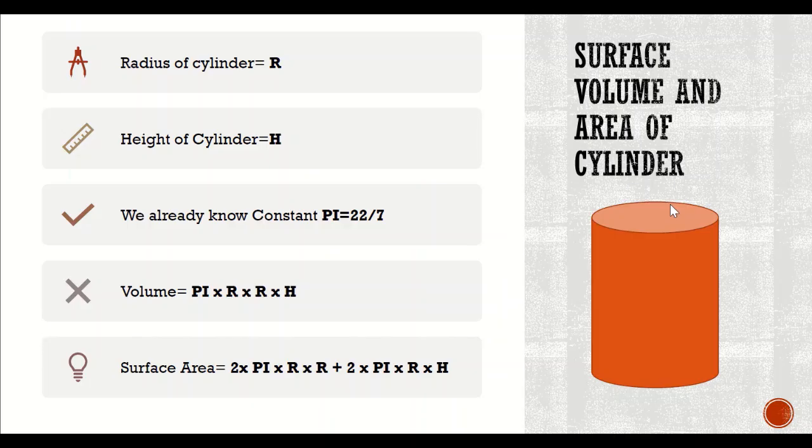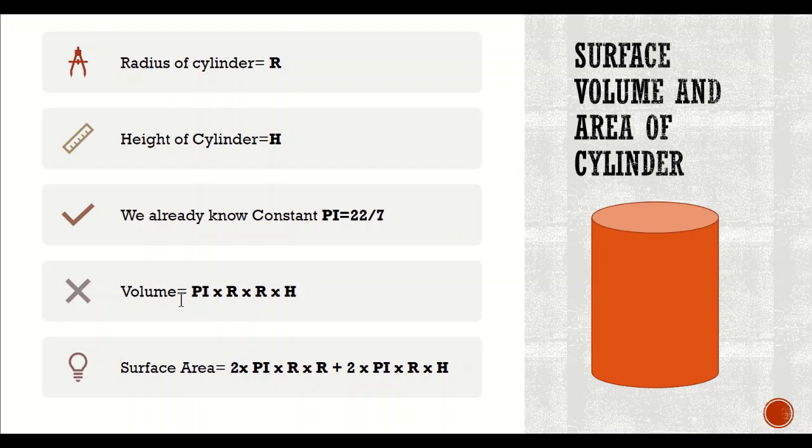It's a bit complex and it has two outputs using one input. We are calculating the volume and the surface area of a cylinder. The radius of the cylinder is r, the height of the cylinder is h, and we already know the constant pi, which is 22 divided by 7.